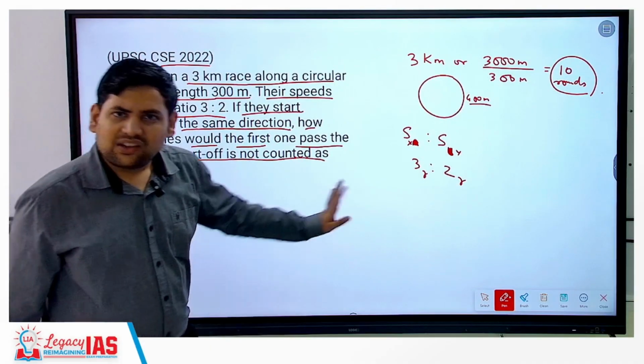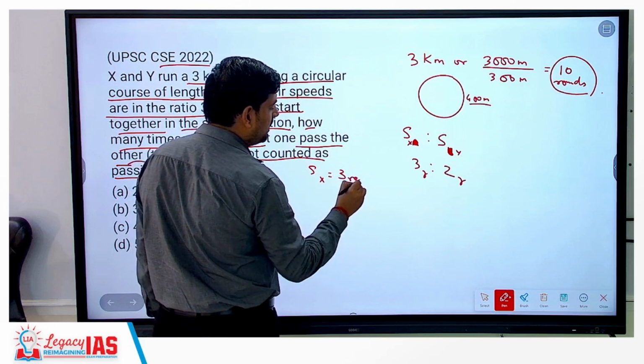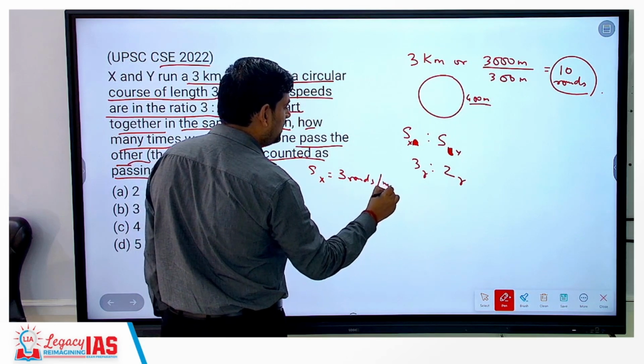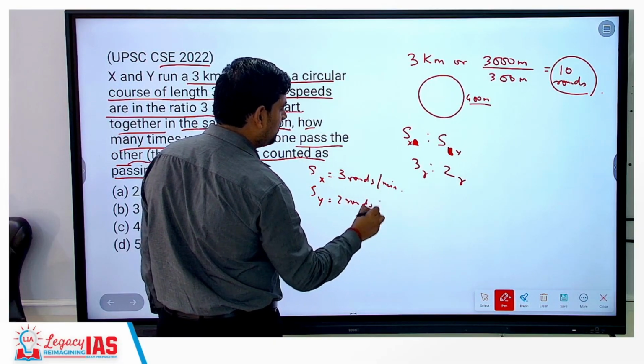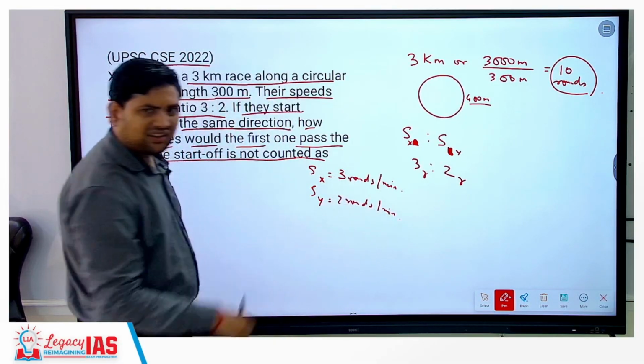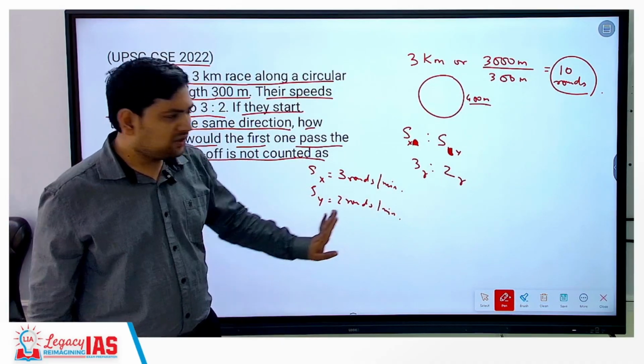You understand this? This means that the speed of X is 3 rounds per minute and the speed of Y is 2 rounds per minute. Now if you take their ratio, it will be 3:2.